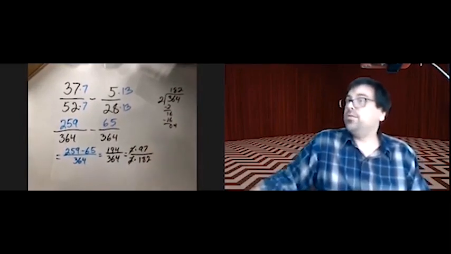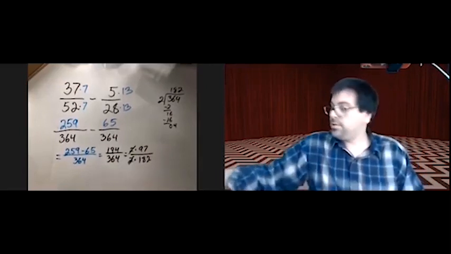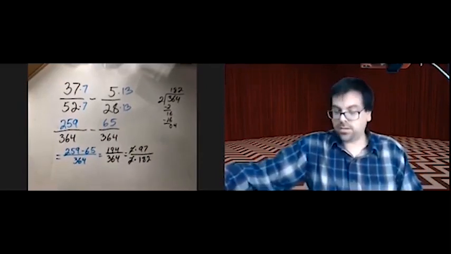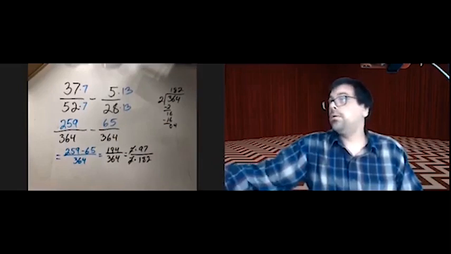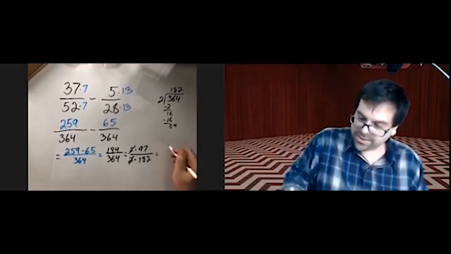Is 97 over 182 acceptable? It is. So 97 over 182 doesn't reduce any further.